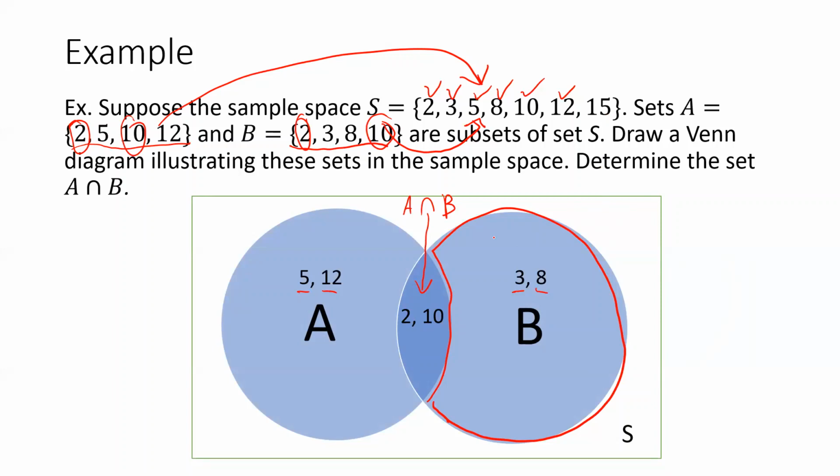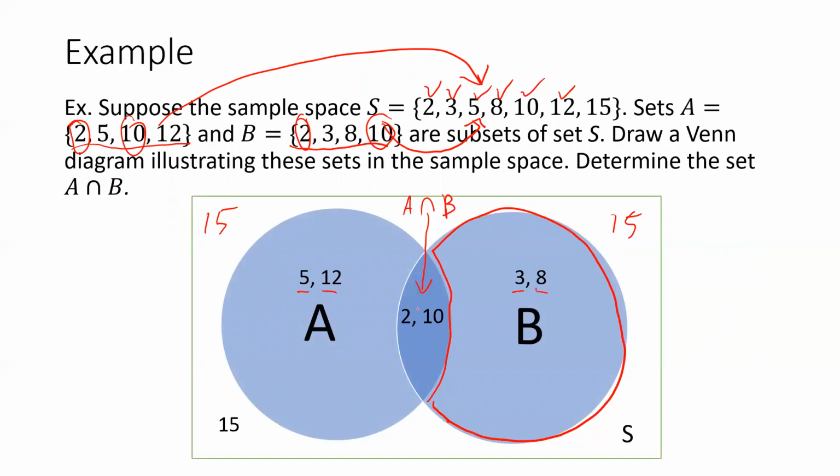Well, if it's in neither A nor B, then we place it outside of both circles. It doesn't matter where you place it, as long as it's not in the circles but still in the rectangle, right? You don't want to draw it outside, because it's still part of the sample space. Again, the big rectangle represents the sample space, but it cannot be in either one of the circles because it's not an element of A or B.